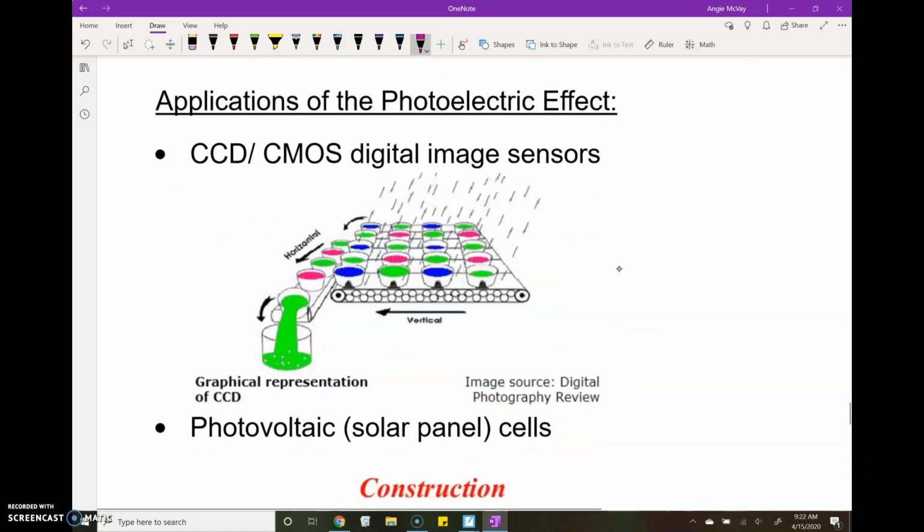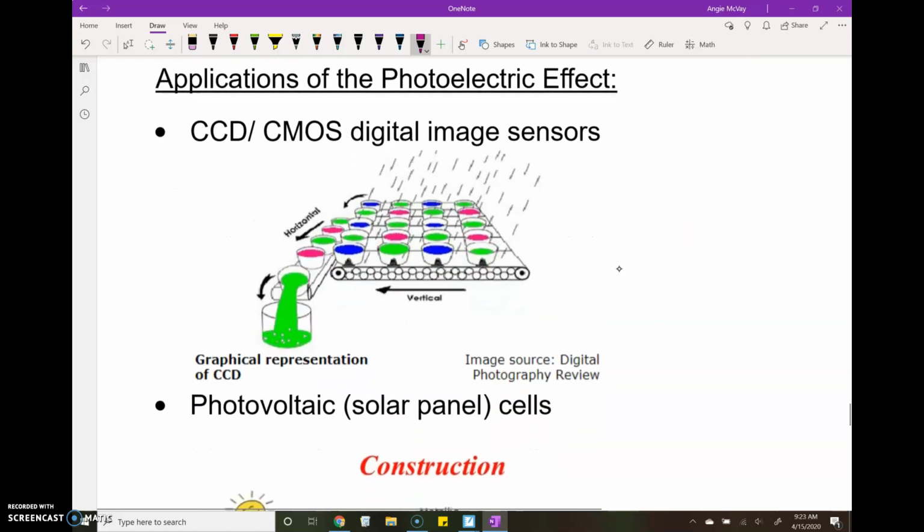All right, so the last thing I'm going to have you do, I'm about ready to run out of time on this video, is to take a look in the textbook at technologies that use the photoelectric effect. This is what Einstein won his Nobel Prize in Physics for. We use the photoelectric effect to take digital images.